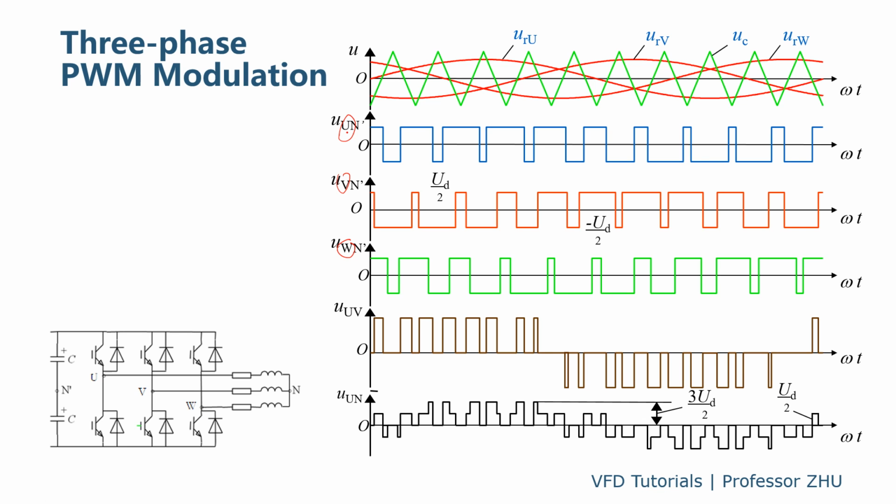If U phase minus V phase, we get the line-to-line voltage, UV. This voltage is a fixed value, but because of the change of the width of the waveform, we can get an identical effect of the sinusoidal like this.